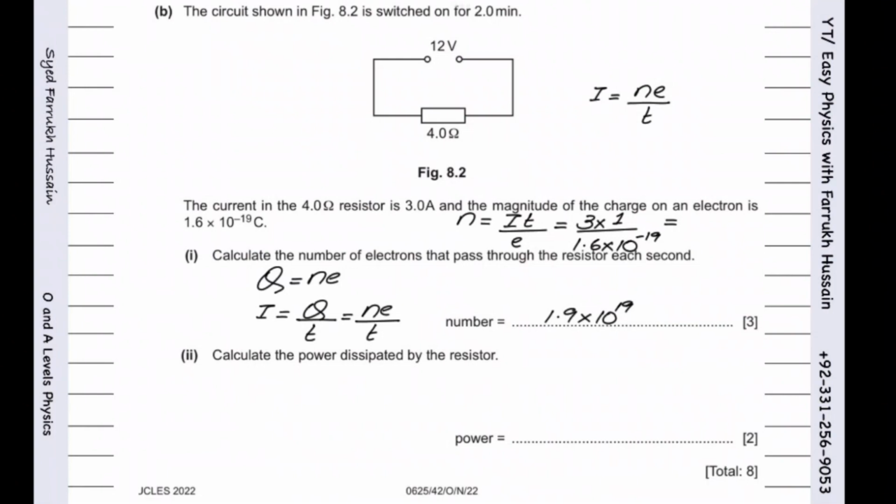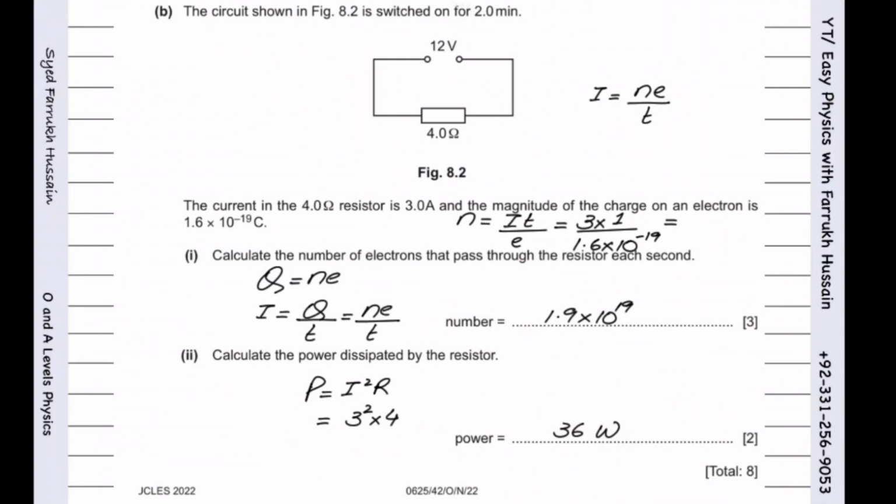Okay. So calculate the power. The formula for power is P equals I squared R. So P equals I squared, that's 3 squared, times 4, and so on.